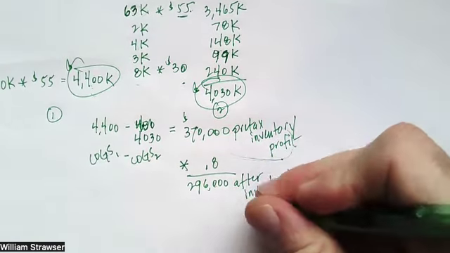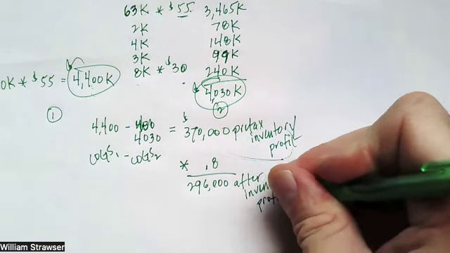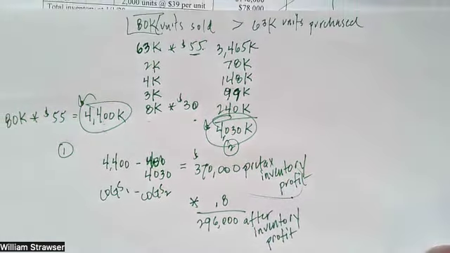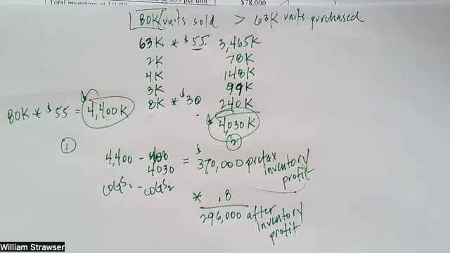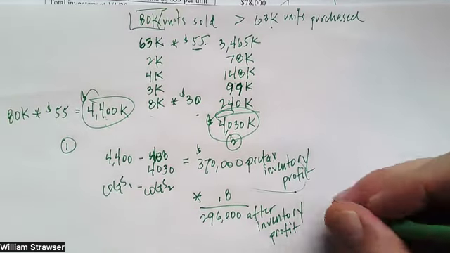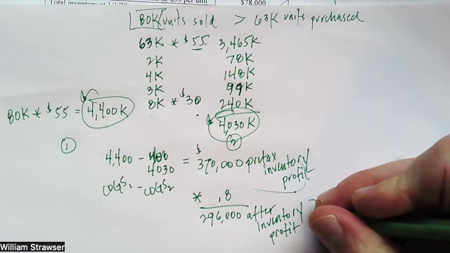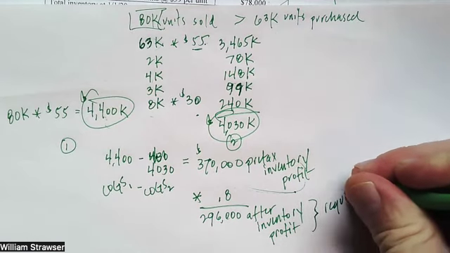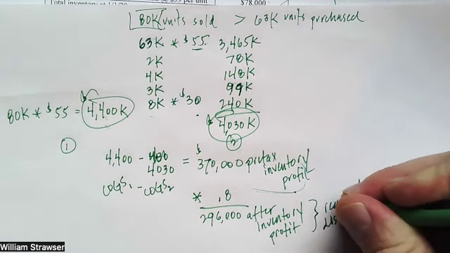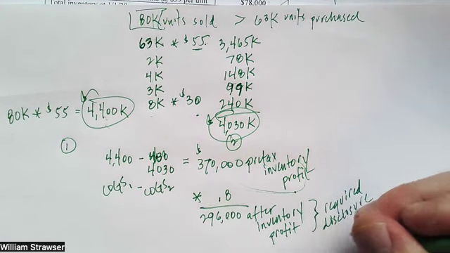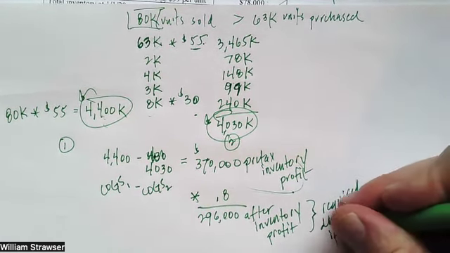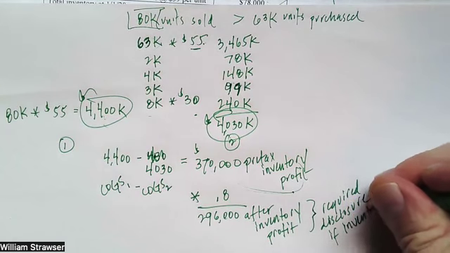Companies are required to disclose this if the amount of inventory profits are material. So this is a required disclosure, if inventory profits are material.